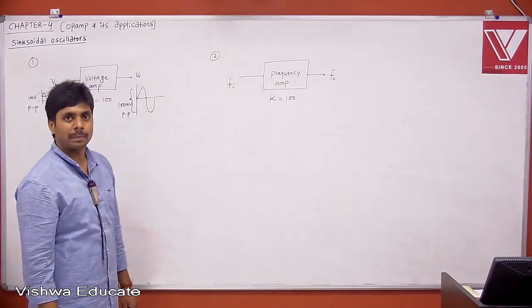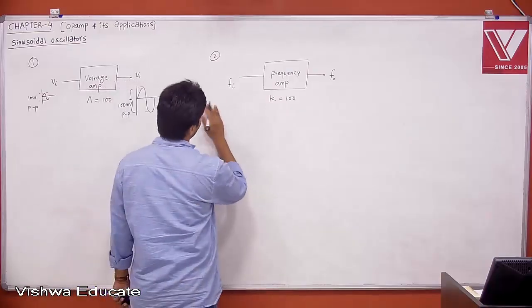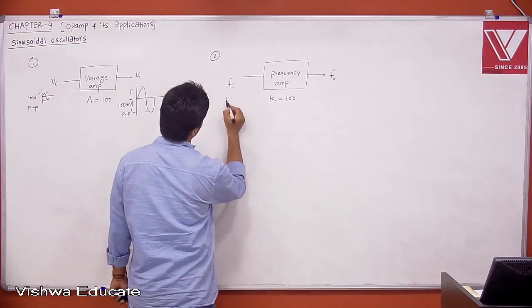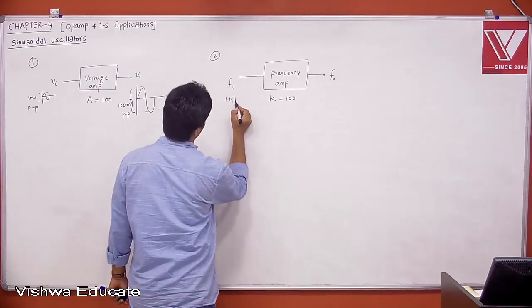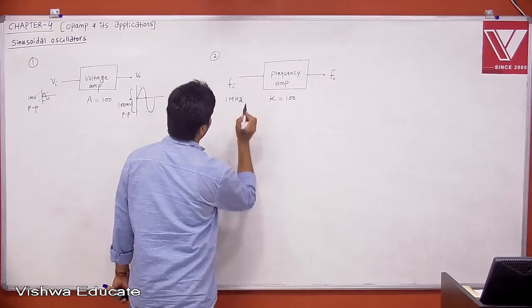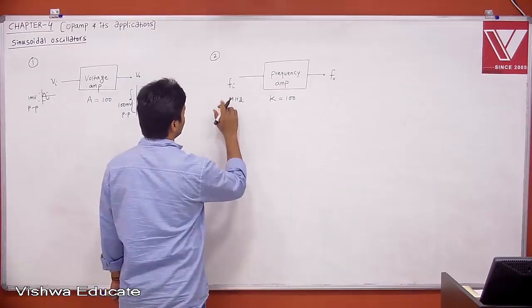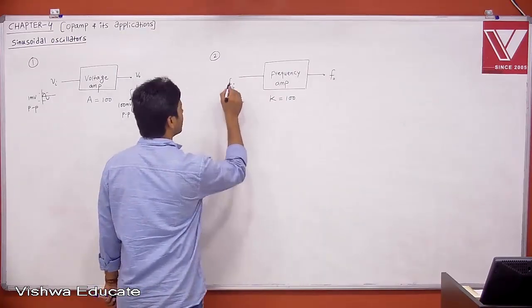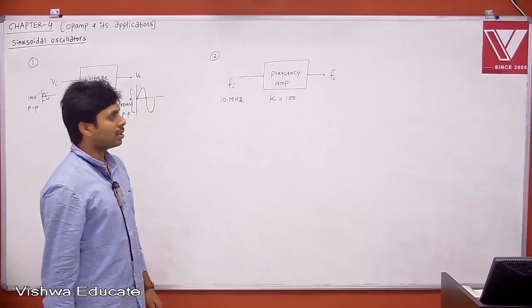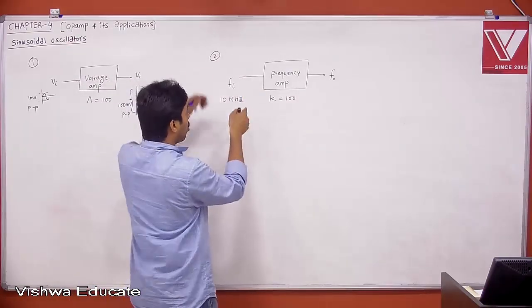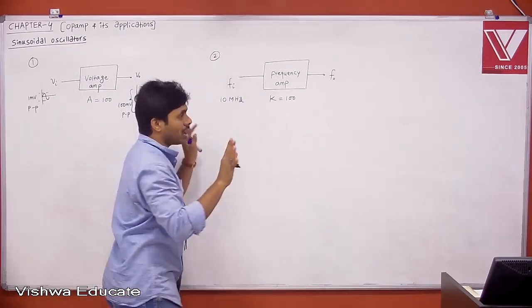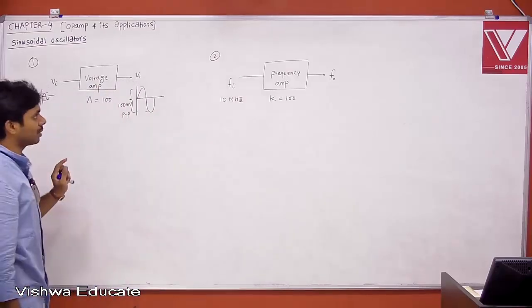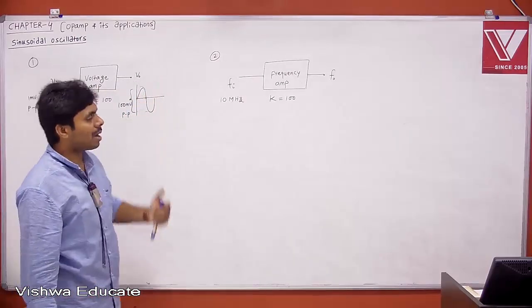What does it mean? Let us say Fi is equal to 1 megahertz, or let us say 10 megahertz. I am giving a 10 megahertz sine wave at the input. Then I am not speaking about output peak to peak divided by input peak to peak. I am not speaking about voltage amplification. I am speaking about frequency amplification.